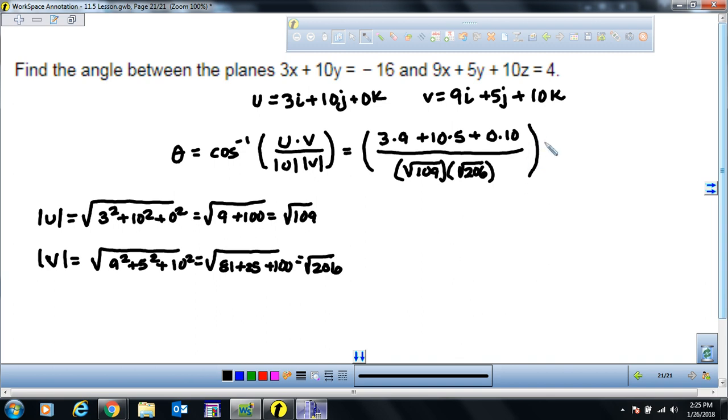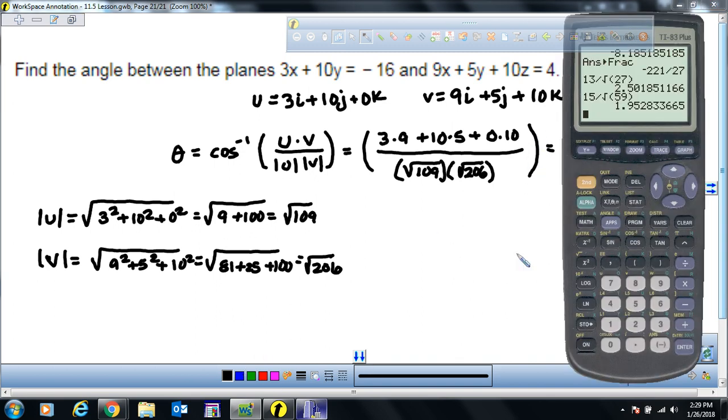So let's go ahead and use that to find the angle between the two vectors, and let's put it in the calculator. Make sure the calculator is on degrees. Or you can find it in radians, it's up to you. Whatever the question asks. So 3 times 9 would be 27 plus 50 plus 0, divided by the product of their magnitudes, which is 109 times the square root of 206.